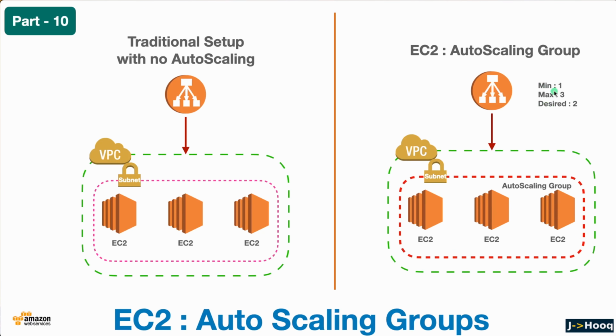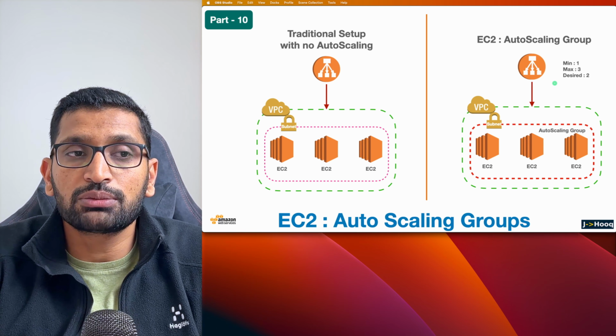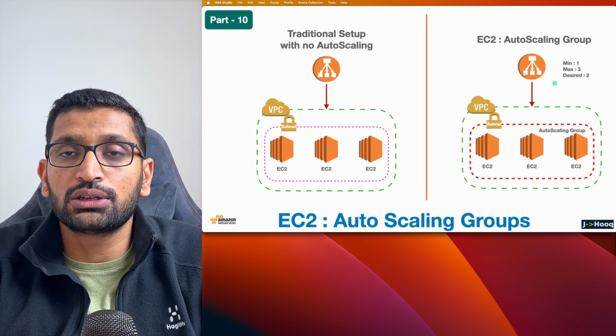You can put 10 or 20, it's up to you and how heavy your application is. You configure these values in the auto scaling group so that it knows how many EC2 instances it needs to provision to cater to those requests. So that's the difference between the traditional setup and the EC2 auto scaling group.